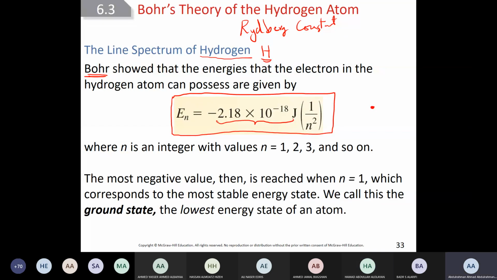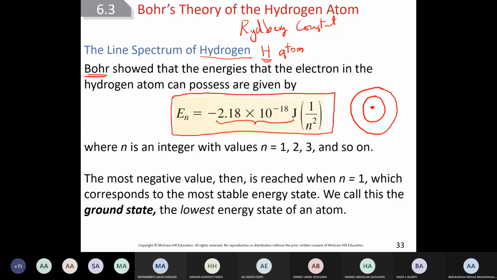Only hydrogen, H, not H2 gas, H atom. That's what we're talking about. What did he propose? That we have the nucleus, which has how many protons? One proton. Good. And then what's around it? Electrons.